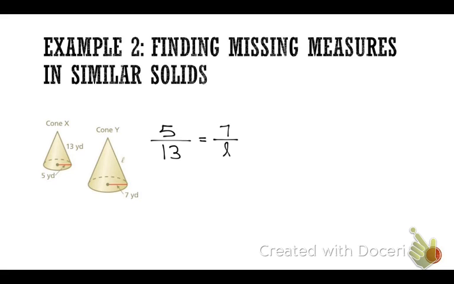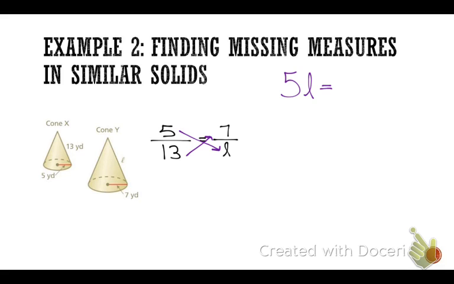Well, what you can do is cross products. Last year you learned 3 methods to solve a proportion. We're just going to use cross products. All right, 5 times L is 5L, and 13 times 7 equals, well, what's 12 times 7?